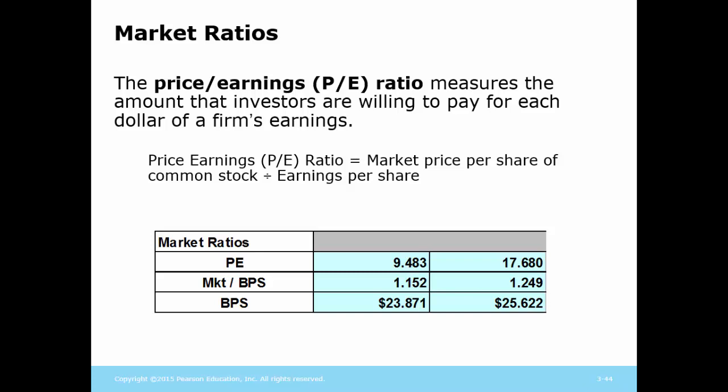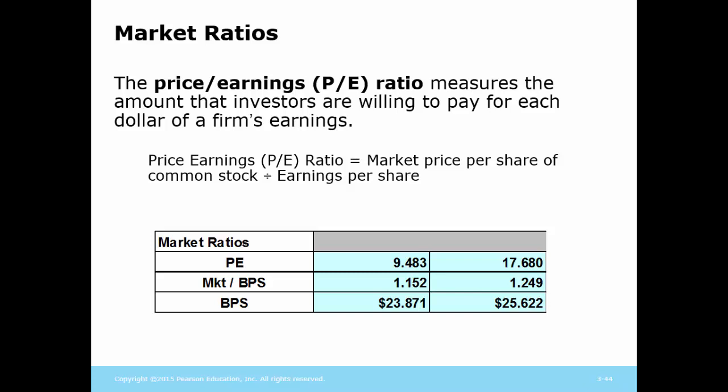Now in the end, as we talk through this course, we want to understand that increasing profitability is very good, but from the very first chapter, remember, we really want our focus point to be on stock price. One of the ratios we can use that helps give us a little bit of a picture of this is something called the PE ratio. The PE ratio is the stock price divided by earnings per share.